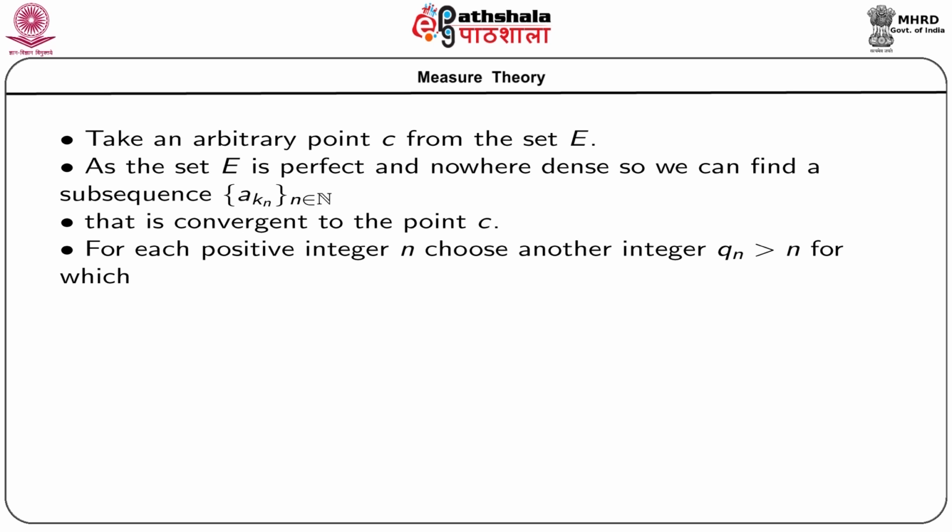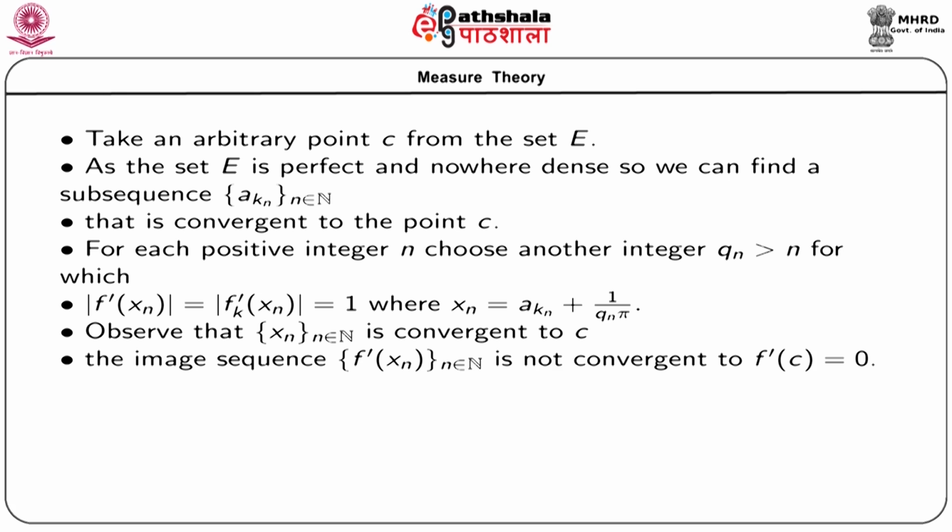For each positive integer n, let us choose another positive integer q_n greater than n, for which |f'(x_n)| is actually equal to |f_k'(x_n)|, and this is equal to 1 when x_n is chosen as the point a_{k_n} + 1/(q_n pi).